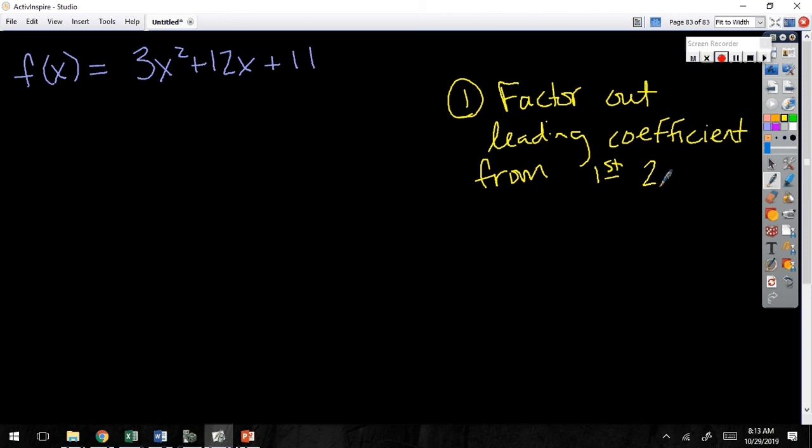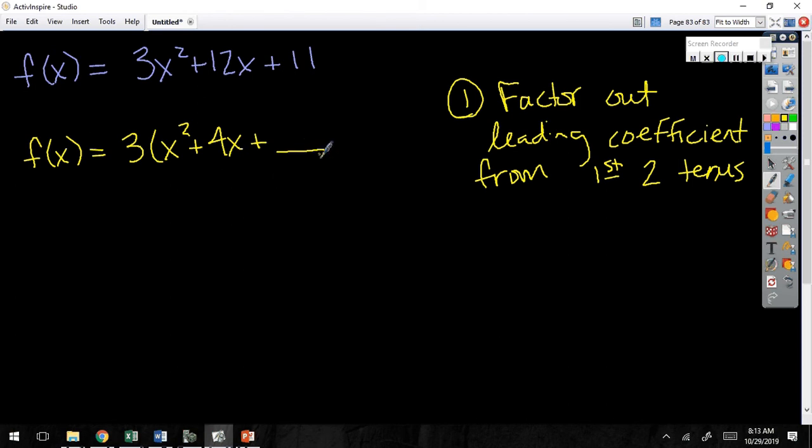Yes, that's exactly right. But we can't just get rid of the 3 because we don't want it there. So we're going to leave it written in front, but you're exactly right. It leaves x squared plus 4x, okay? Leave a space here. This 11 is still here. I can't not include that.